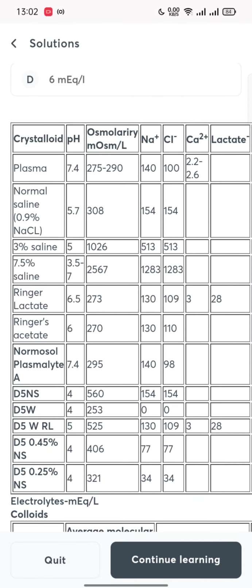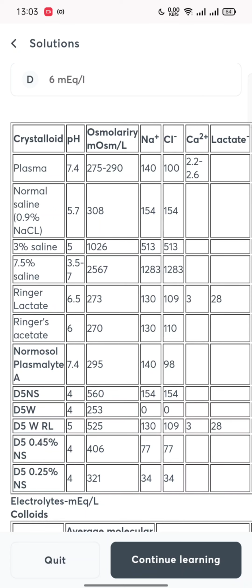In the crystalloid solution chart, we have pH, osmolarity, sodium, chloride, calcium and lactate. Plasma has pH 7.4, osmolarity 275 to 290, sodium 140, chloride 100, and calcium between 2.2 to 2.6.